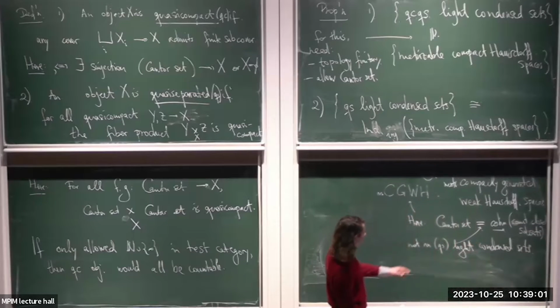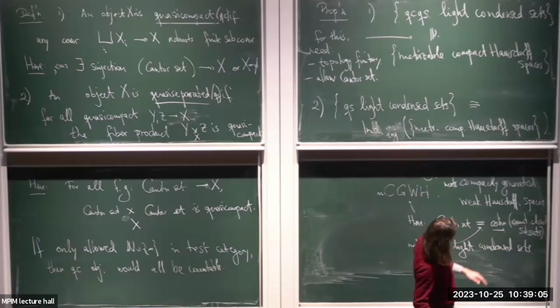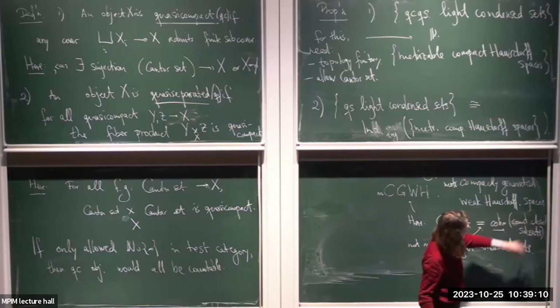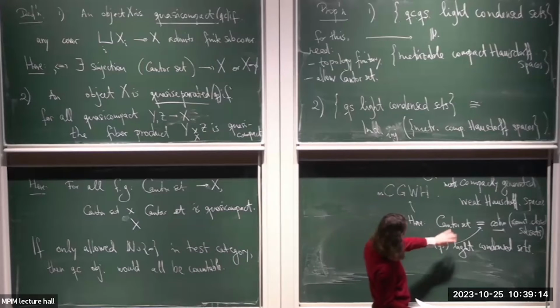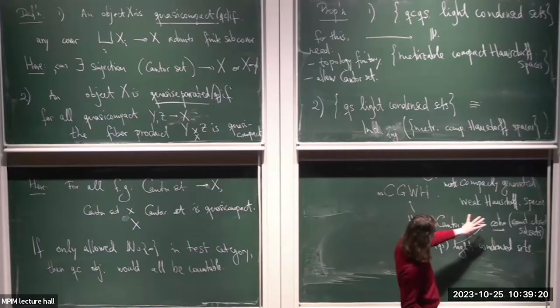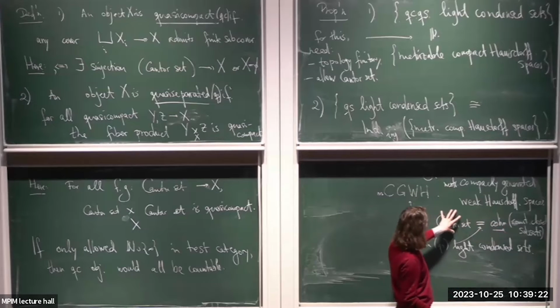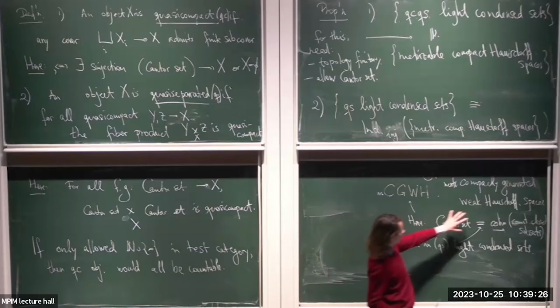I mean, these are both light condensed sets. This is just the prototypical example of an Ind system of metrizable compact Hausdorff spaces. This is also an Ind system where you just have one term. It's actually a quasi-compact, quasi-separated object. But as condensed sets, they are very different because this is really just a formal colimit, and this is just one object. And so in particular, this one is quasi-compact, and this one is not.